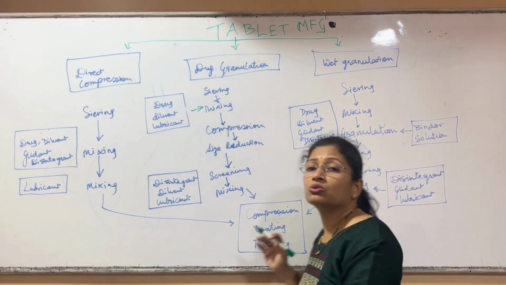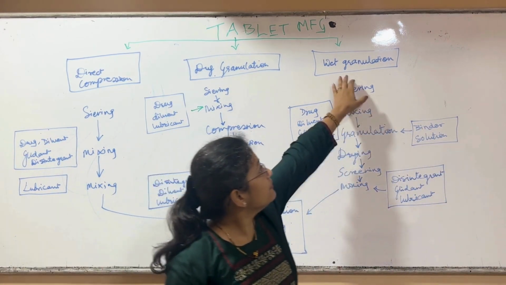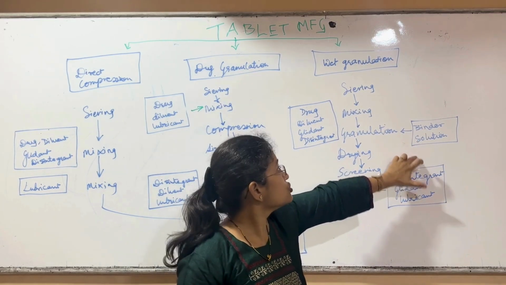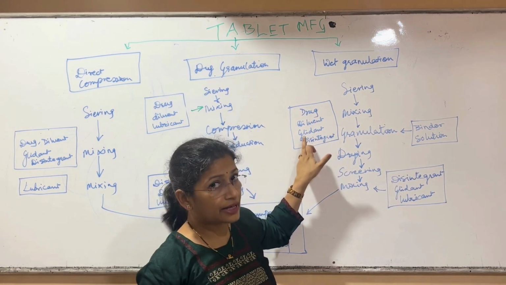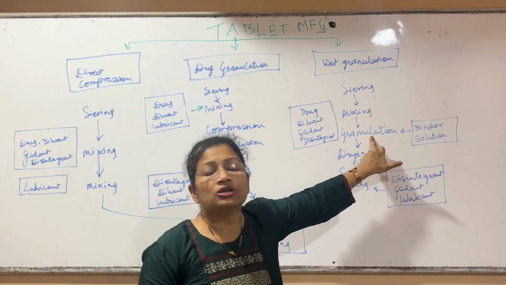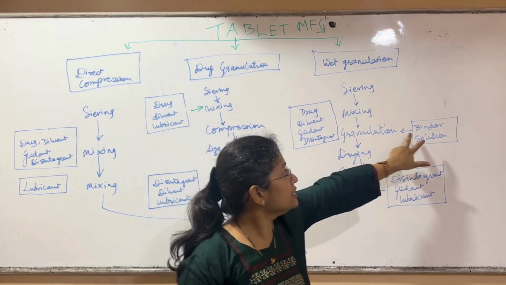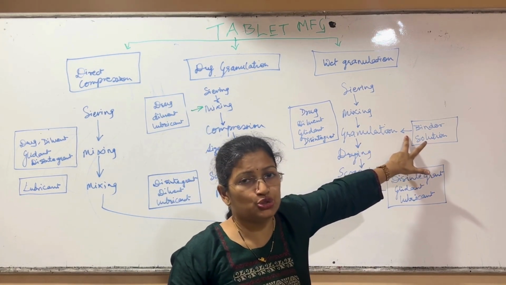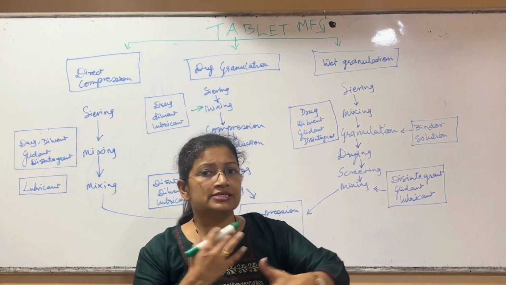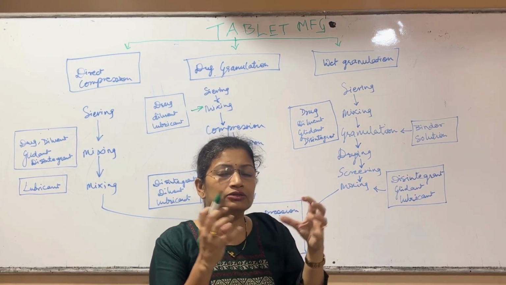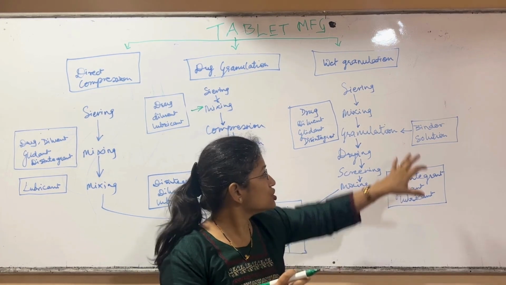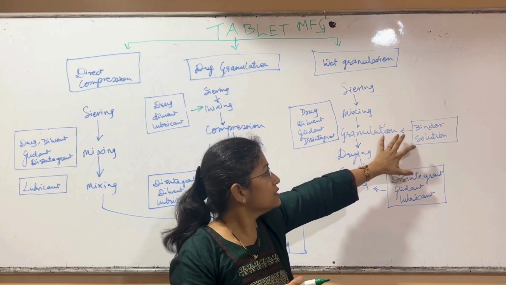When we speak about wet granulation, we will need to add binder solution to it. So sieving, mixing of drug, diluent, glidant and disintegrant, then we will do the granulation step, wherein we are adding binder solution to it, because the excipients and drugs will not combine with each other or adhere to each other. So we will need to add binder solution.